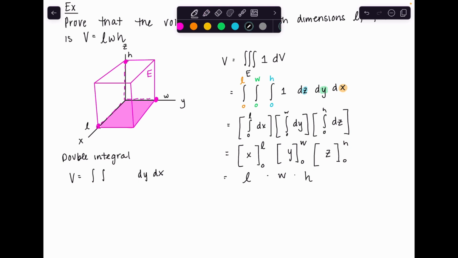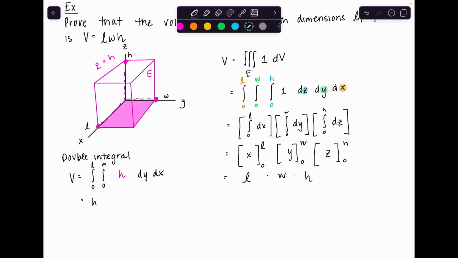So your y would change between 0 and w, your x would change between 0 and L. The only difference is the inside function. For that, we'd have to integrate over the height of this thing. And so in this case, that plane is z equals h. So the inside would just be h instead. But again, you can really pop that constant out.